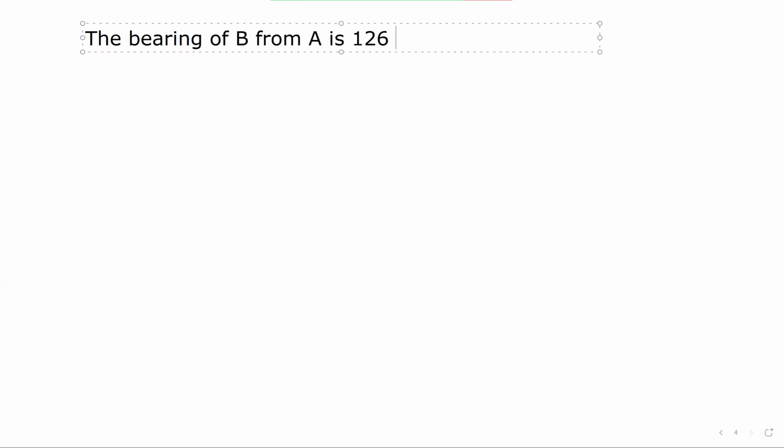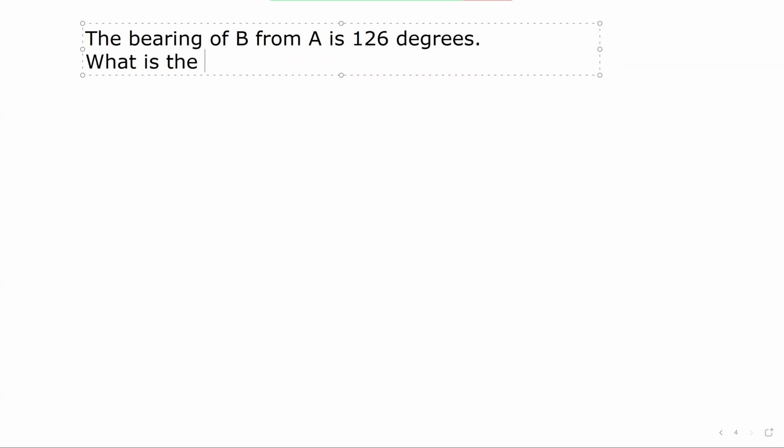It's a good example, right? So let's say the bearing of B from A is 126 degrees. What is the bearing of A from B then?